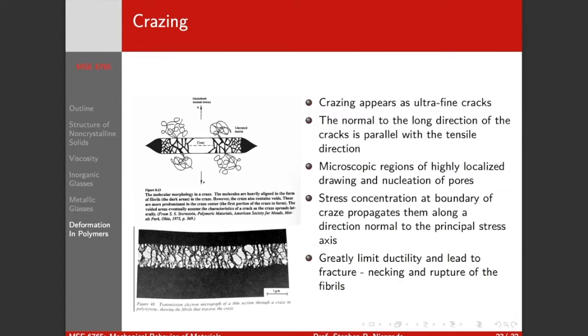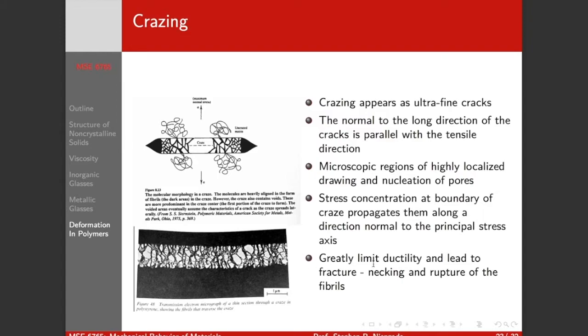So within these filaments, the chains are extremely highly oriented, right? And you have voids opening up, right? And the craze starts and then it grows. Here's the initial point. It grows in a direction that's perpendicular to the stress. Okay? So you've got these little tiny cracks. It looks like an array of little tiny cracks.